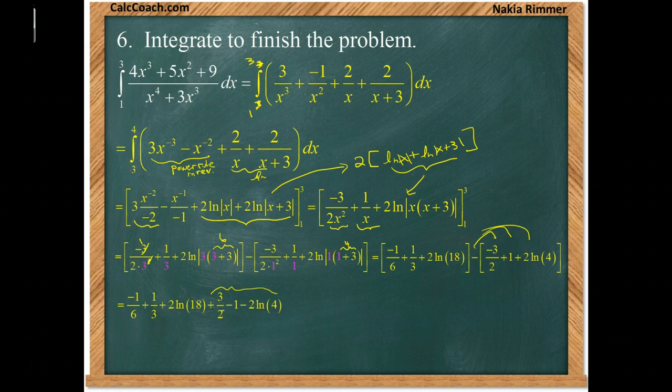Next we should write positive 3 halves and negative 1. And now these two guys that have logs, once again, they have the same coefficient. I know 1 is negative, of course, but we take out the 2, and that'll leave you with log 18 minus log 4. That's desirable, because then we can put those two into one log. Okay, great. It'll be the log of 18 over 4. Keep the 2, though. Don't forget about the 2. The 2 is definitely still there.